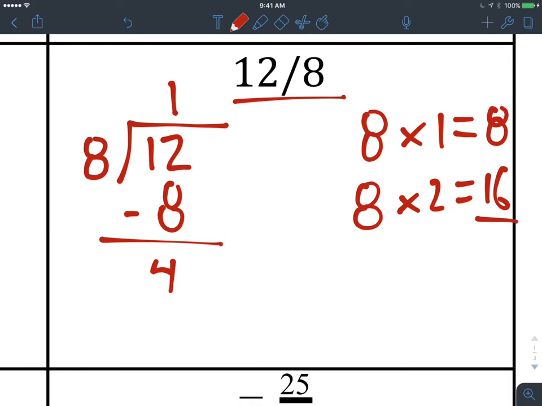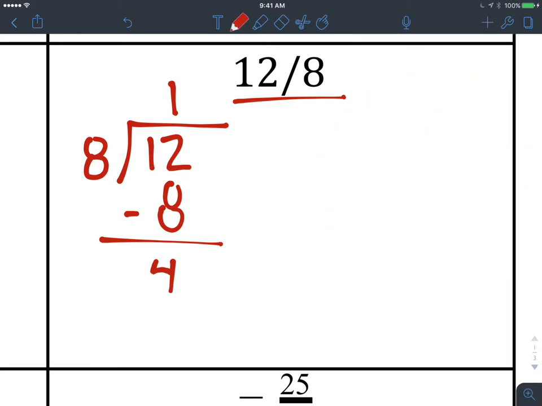And so what we do instead is now we're ready to take the whole number, which is going to be the number of times that 8 goes into 12 evenly, and then the fraction part of the mixed number is going to be the remainder over your denominator, or over the 8.